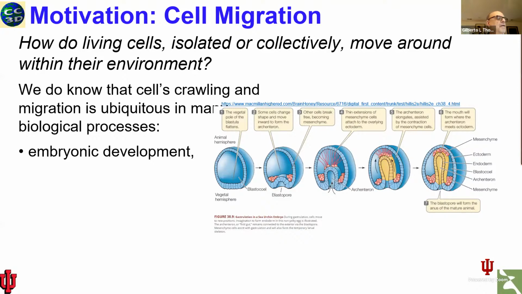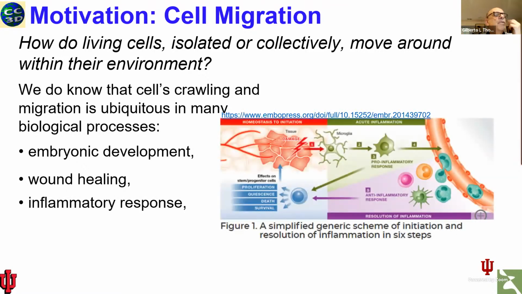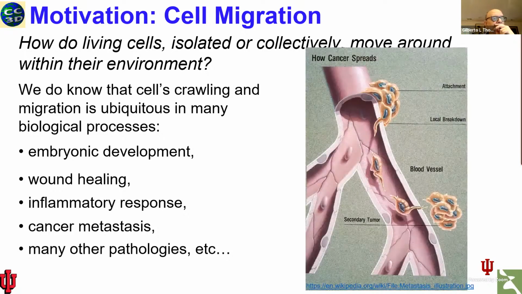We also have wound healing, where if you have a scar, the cells move into that scar and try to close it and regenerate the tissue, the skin, for example. Inflammatory response, when you have some infection in your body, cells have to move to the place of the infection or chase some strange organism in your body. Cancer metastasis is another example of migration of the cells.